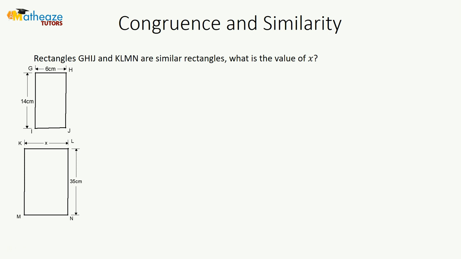So the ratio of GH over KL must be equal to the ratio of GI over KM. So GH is 6, KL is x, equal to the ratio of GI. GI is going to give us 14, and the units are in centimeters.